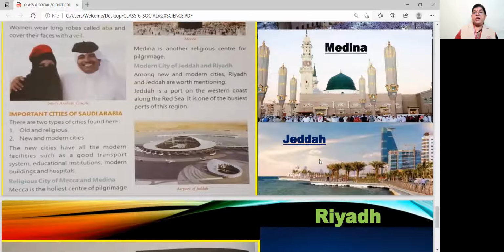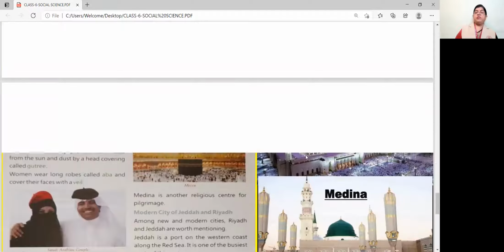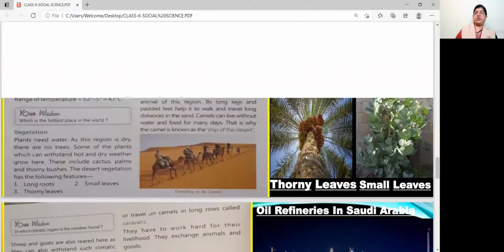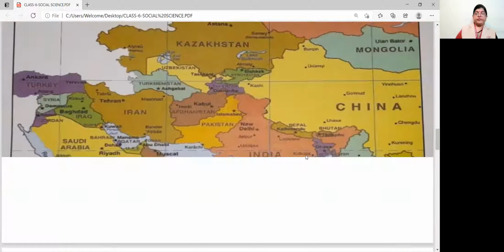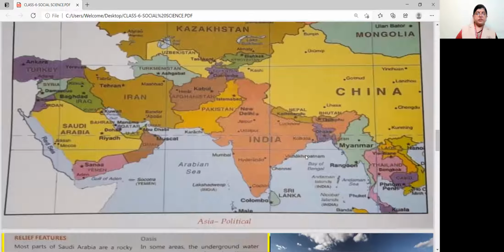Jeddah is a port on the western coast along the Red Sea. It is one of the busiest ports of this region. See here, Jeddah is here.